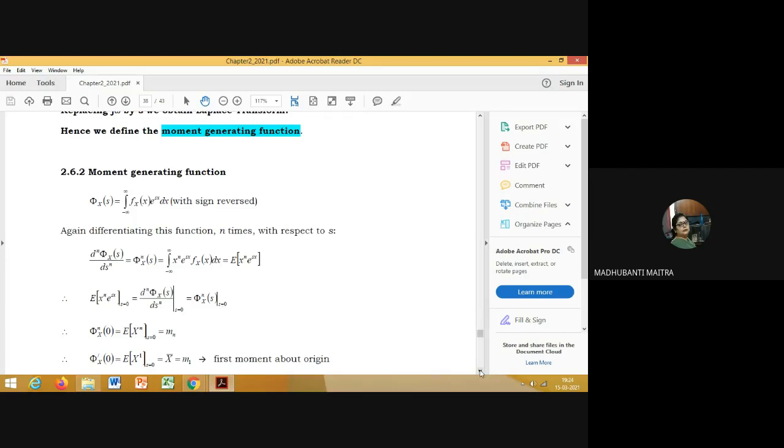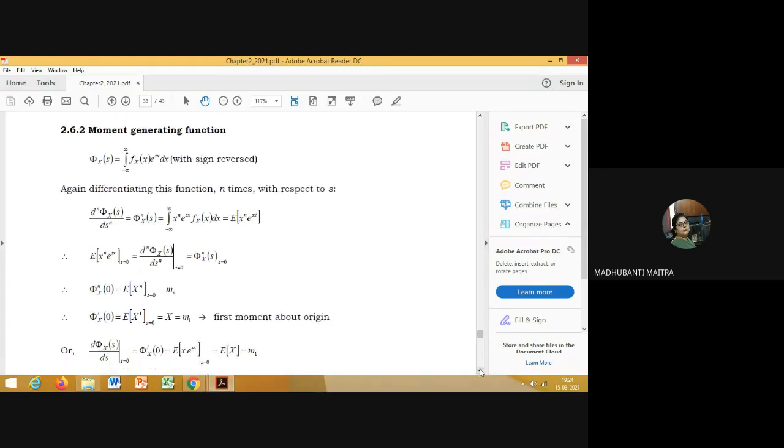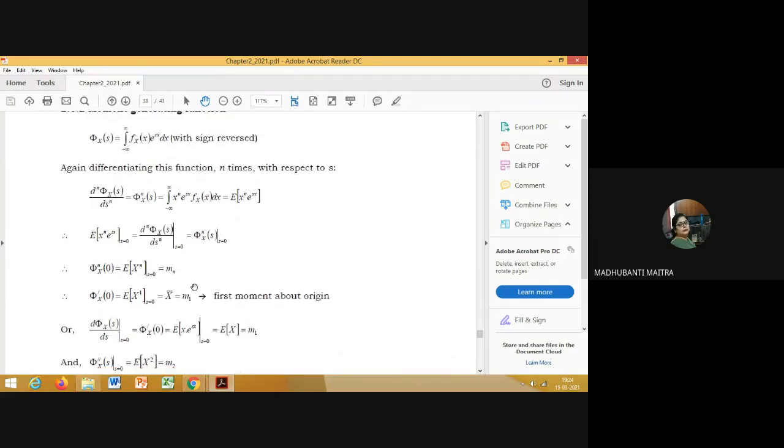So if we replace the argument s by 0, then phi_x^(n)(0) will give us the expected value of x to the power n when s equals 0, and that is nothing but our nth order moment about the origin.